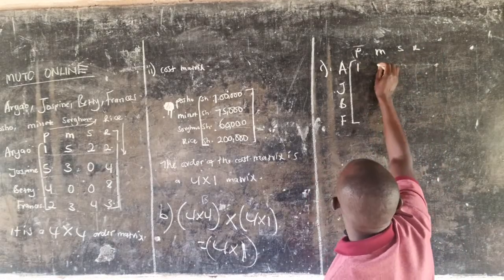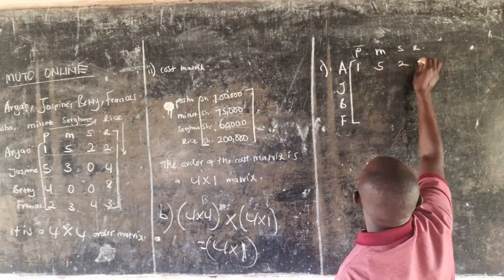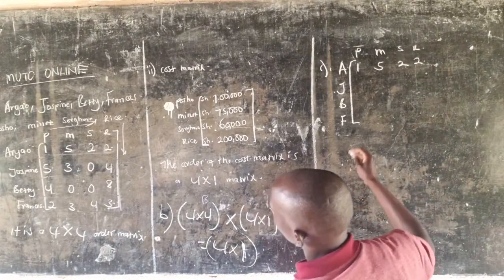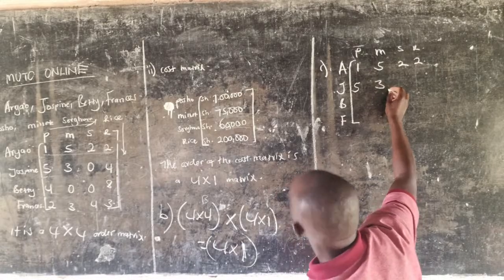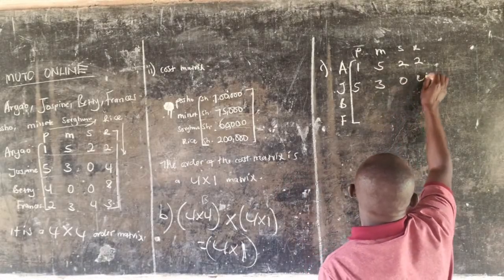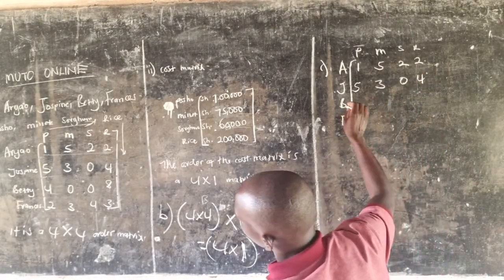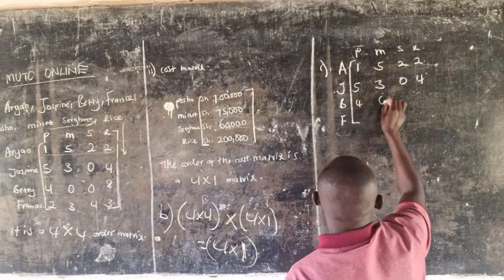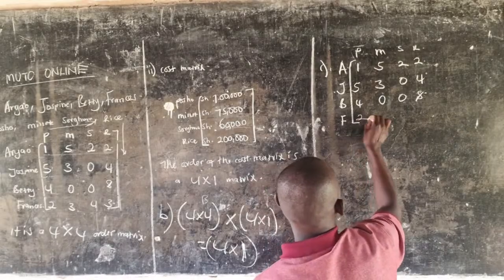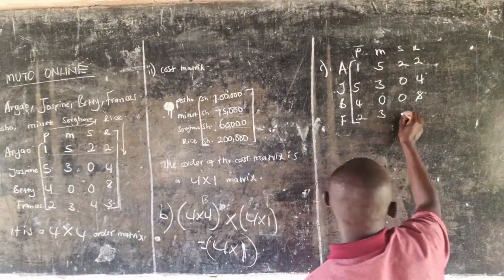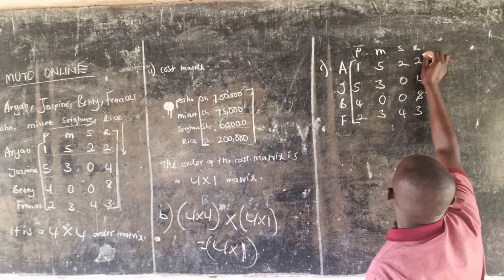For Arayo, there is 1, 5, 2, and 2. We have 5, 3, 0, and 4. Then Betty, we have 4, 0, 0, 8. And then we have 2, 3, 4, 3, like that.